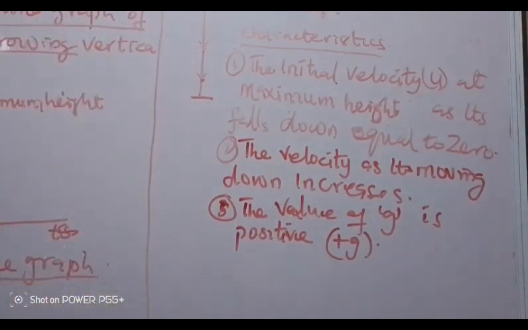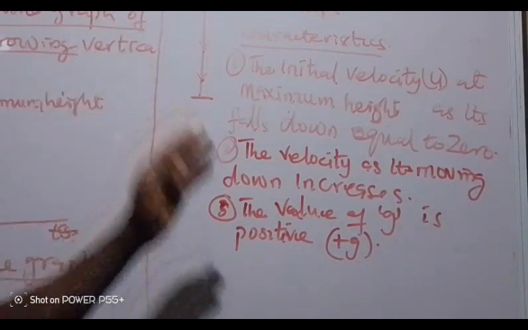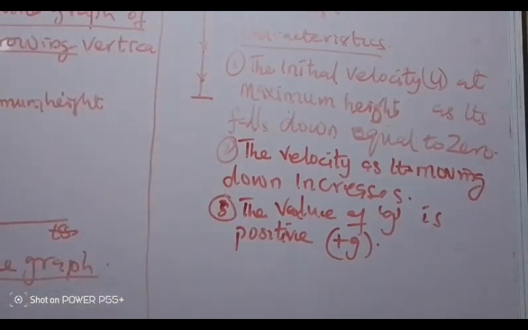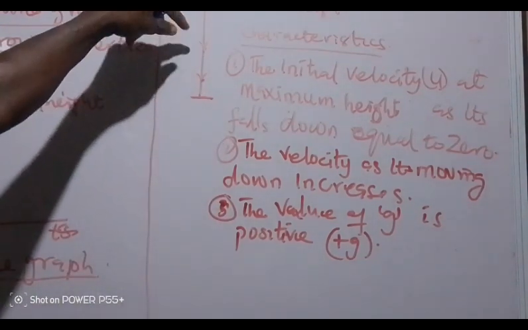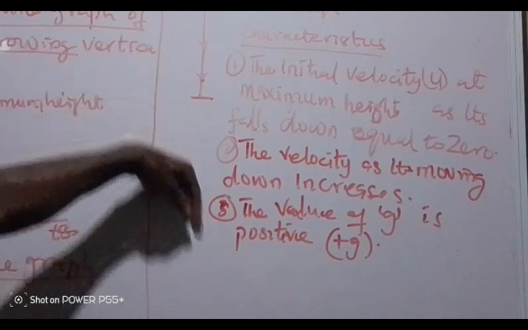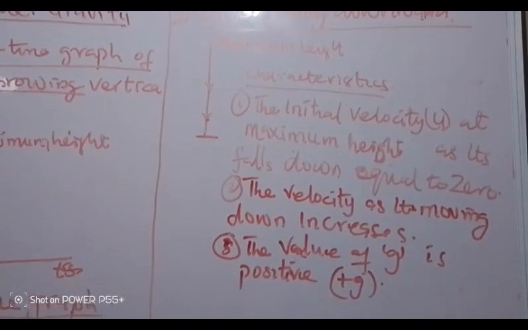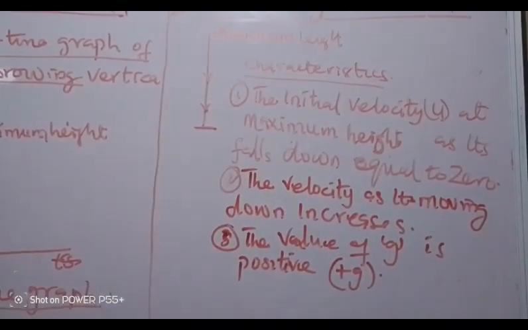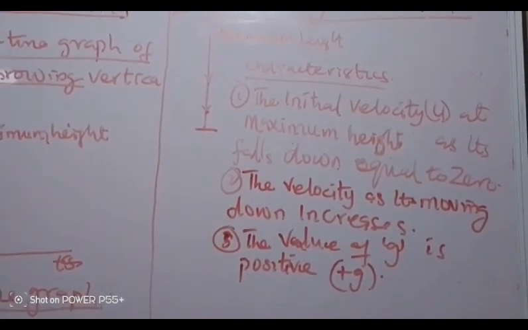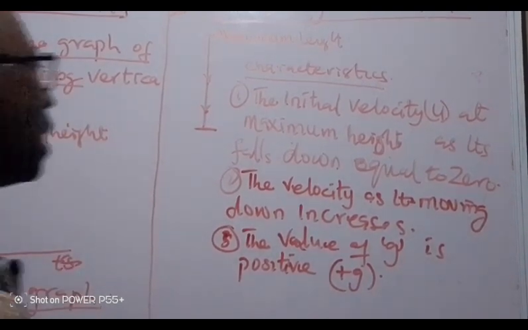Once the velocity is decreasing, then you have negative acceleration due to gravity. But in this case, when the velocity is increasing, you have positive acceleration due to gravity. So these are the three possible characteristics of an object falling down from certain height.